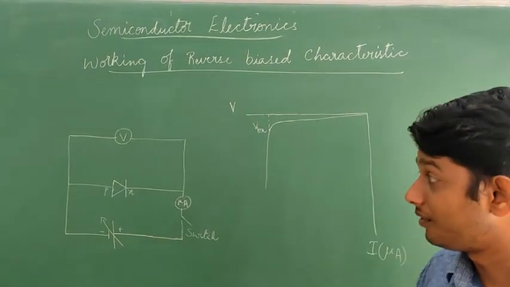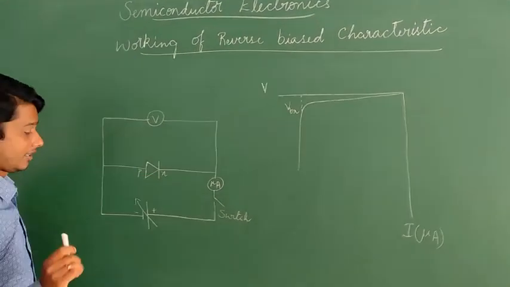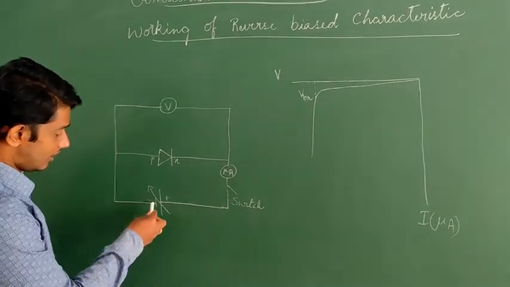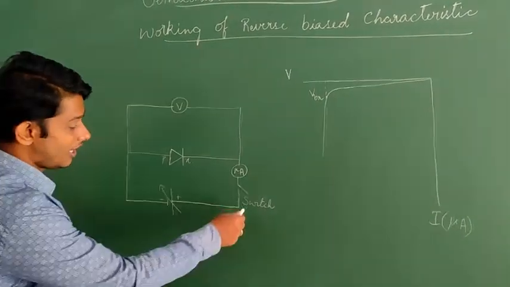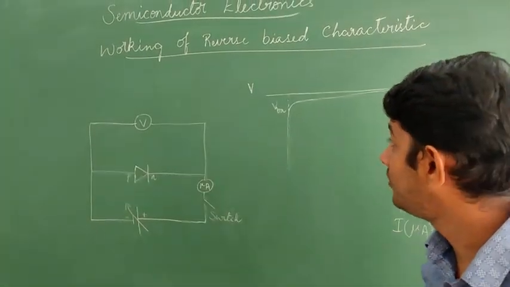This is the circuit. Here we have a voltmeter, a PN junction semiconductor diode, a microammeter, a battery, and a switch, all connected in this form.